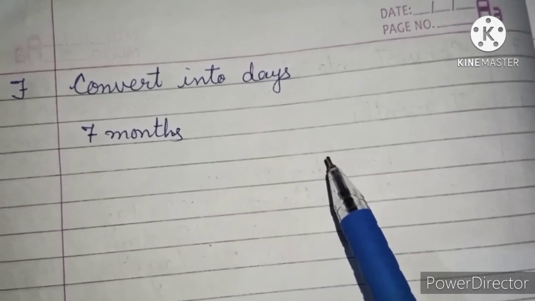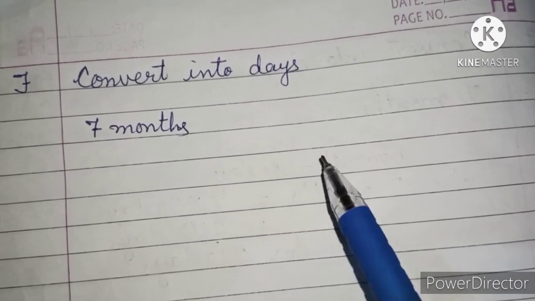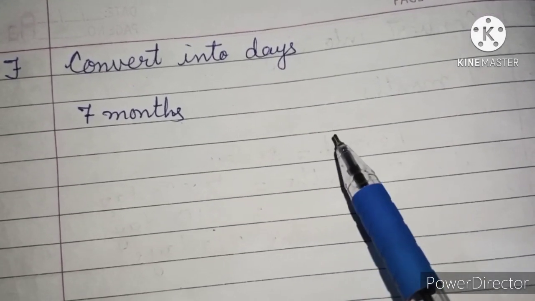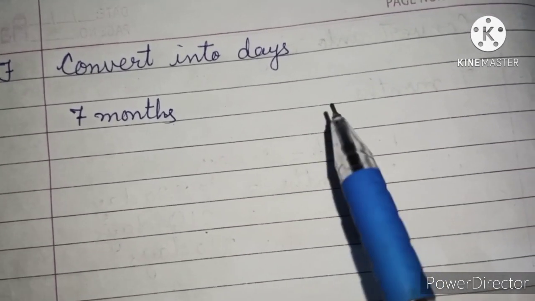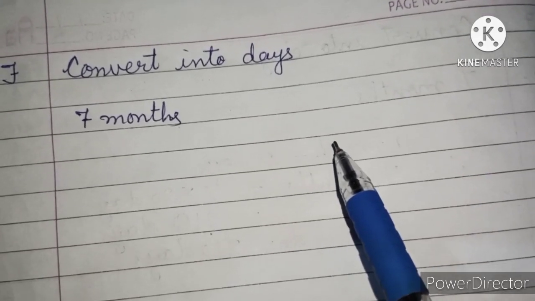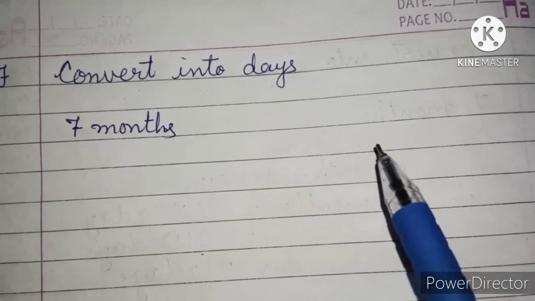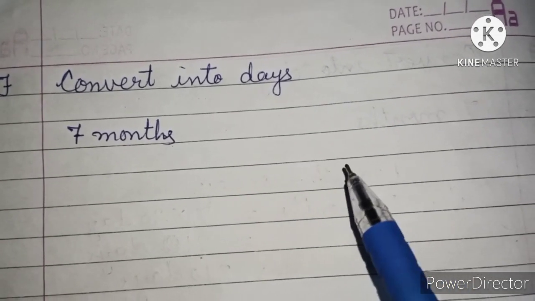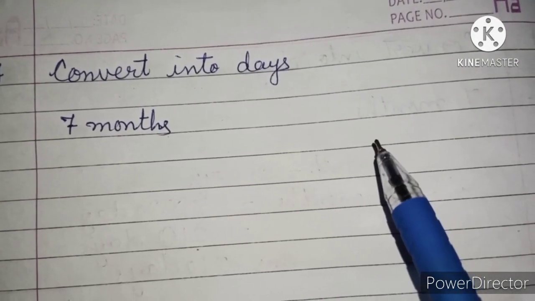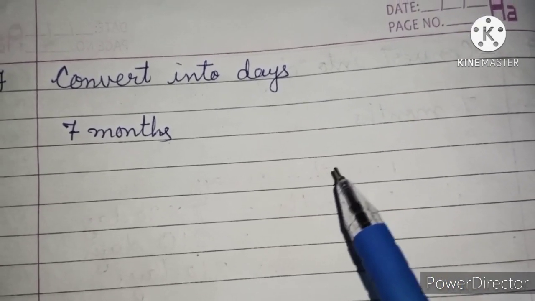Listen carefully. When we multiply the month by 30, month will change into days. Okay? So let's solve the question.